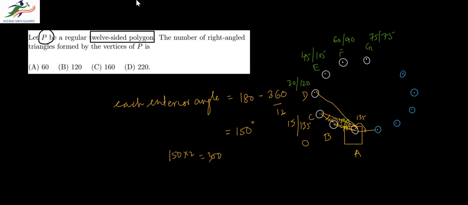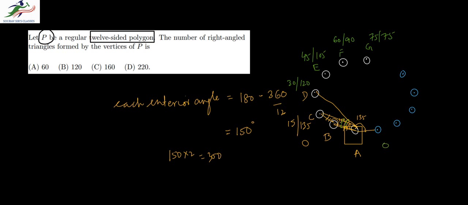So this is how any point in that polygon will make respective angles with each of the other vertices. Now we have to see how this works. If we go on the other side, we will have the same logic.